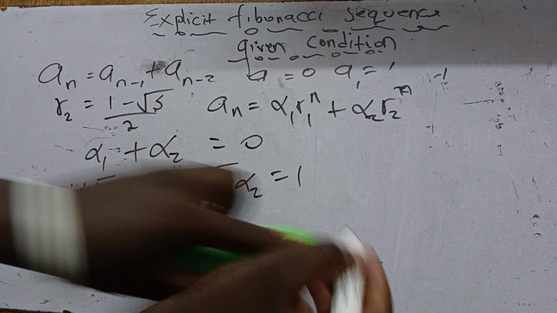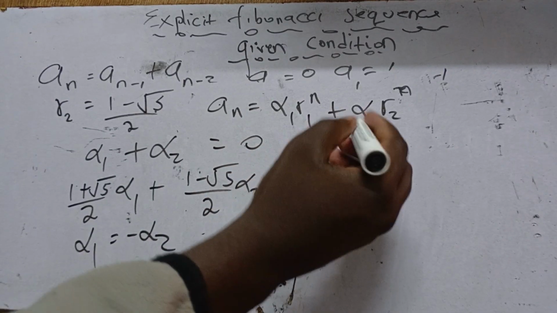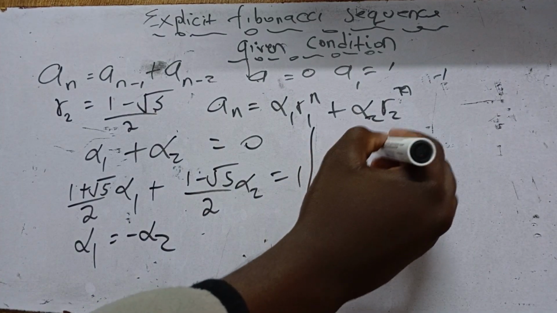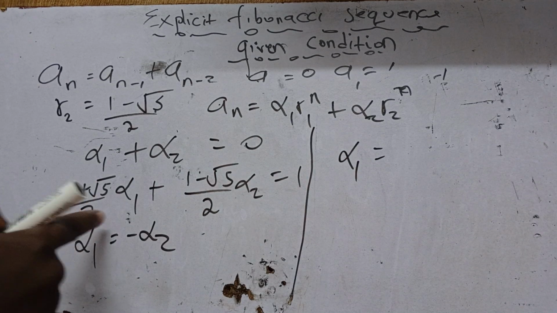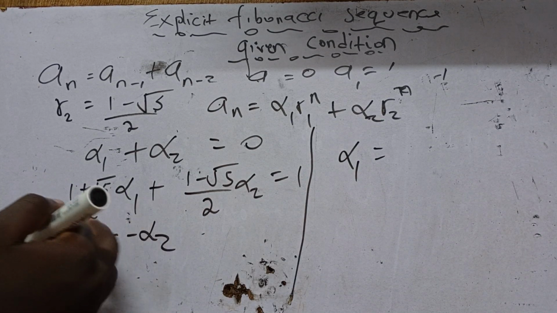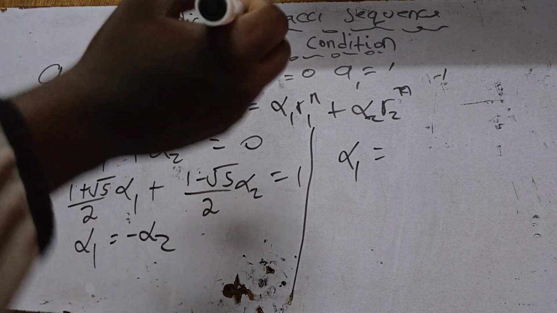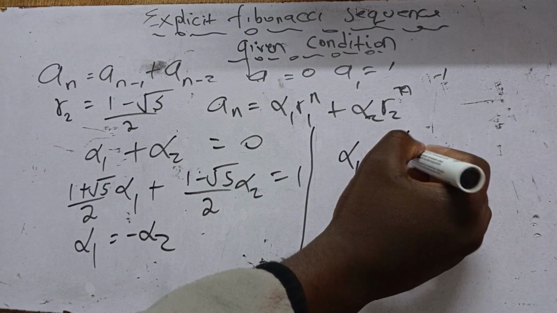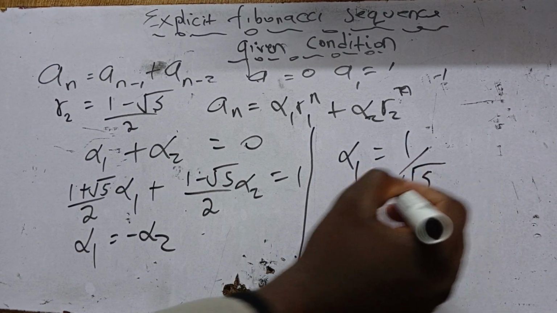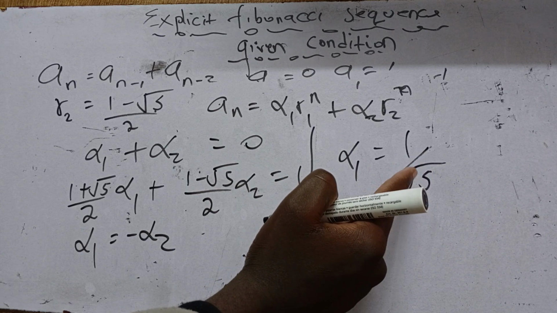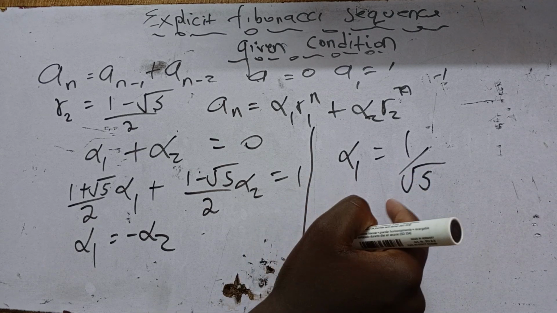Now here we will use the substitution method of quadratic. So what will be our alpha 1? If you substitute, alpha 1 will be 1 over root 5. I said the way we were going wrong is that we were rounding off. Do not round off until you get an answer.